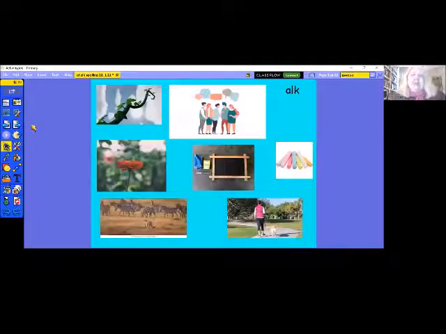All of the words here have the ALK grapheme, but they all say or. Let's have a look. Just stop the video and have a look to see if you can work out what the pictures are. Have you worked them all out? I bet you have. This is a beanstalk. This is talk.